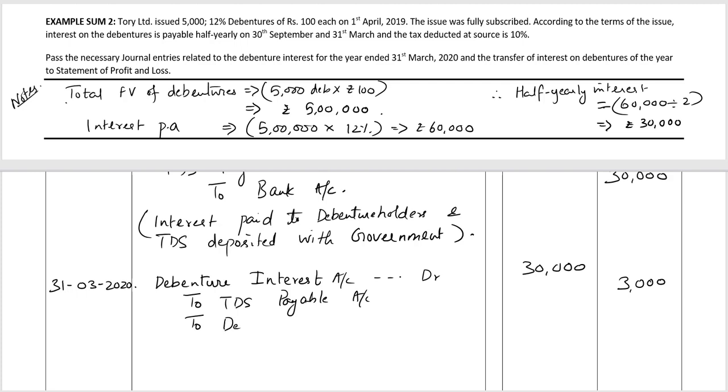And to debenture holders account, 30,000 rupees minus 3,000 rupees comes up to 27,000 rupees, for interest and TDS payable.